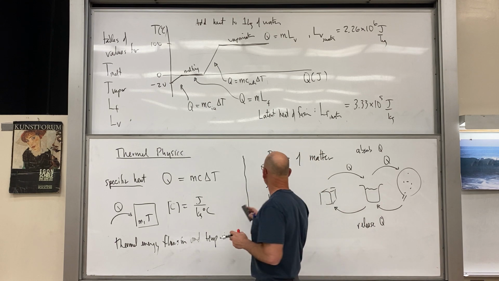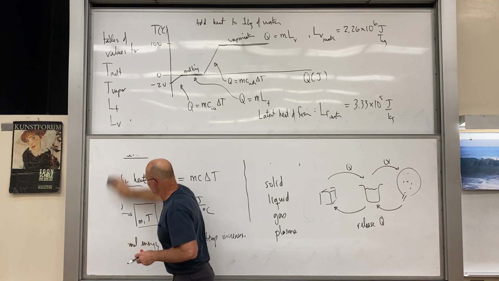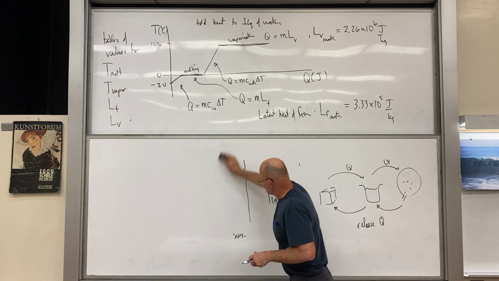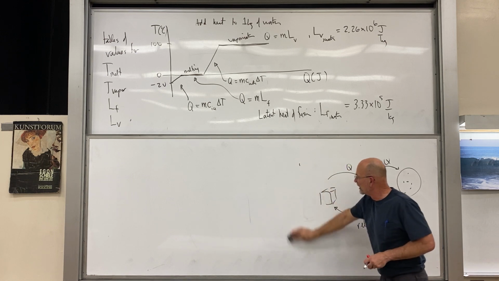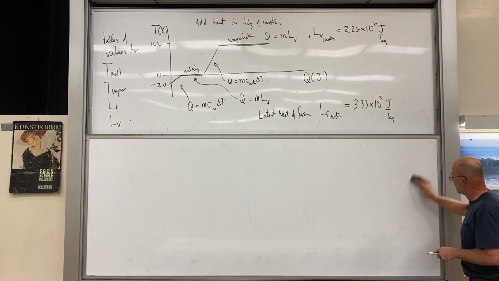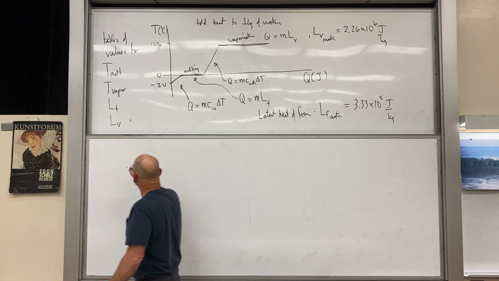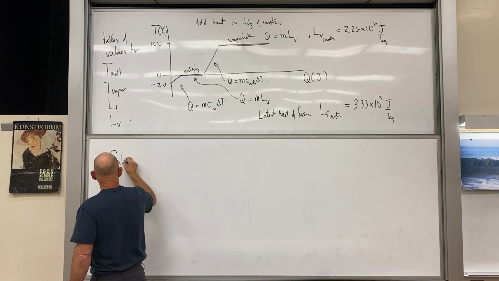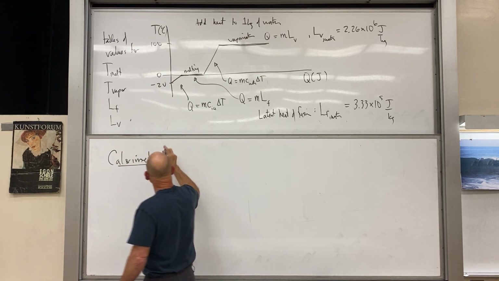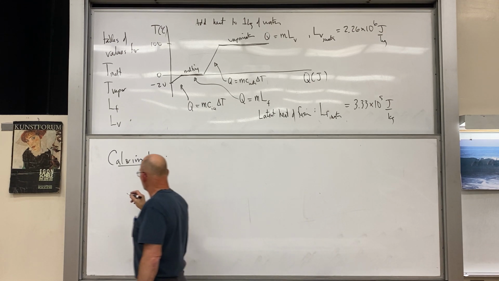So the next topic here is calorimetry. We'll assign a couple of these out of the book. Calorimetry is really the application of these concepts here. So let's just do an example.